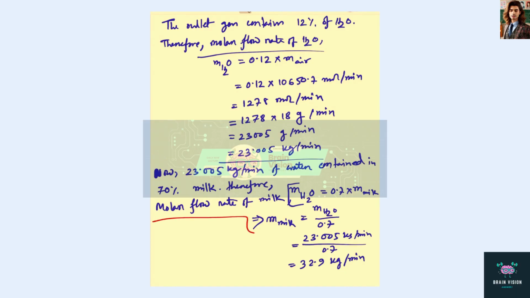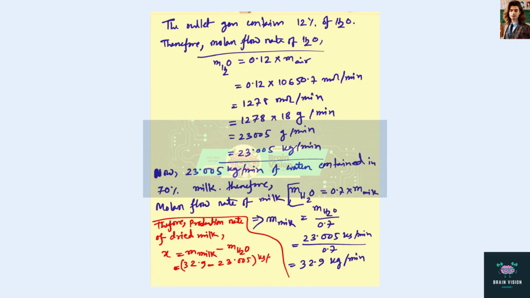And now we can calculate the production rate. Therefore, the production rate of dried milk is X equal to the flow rate of milk minus the flow rate of water, which is 9.86 kg per minute.